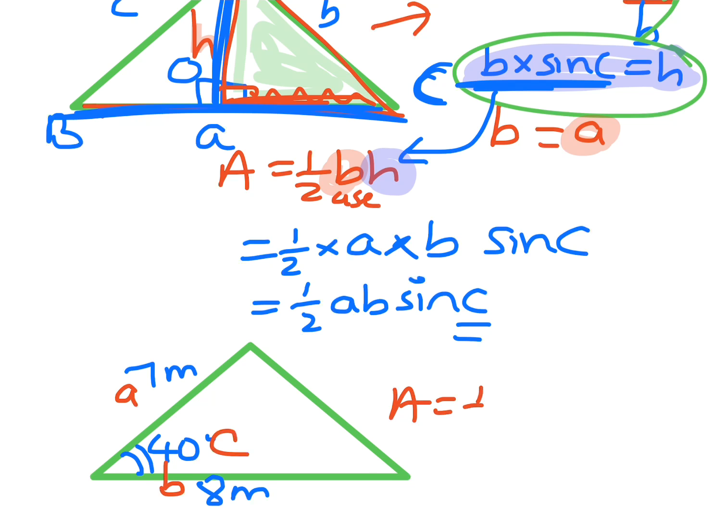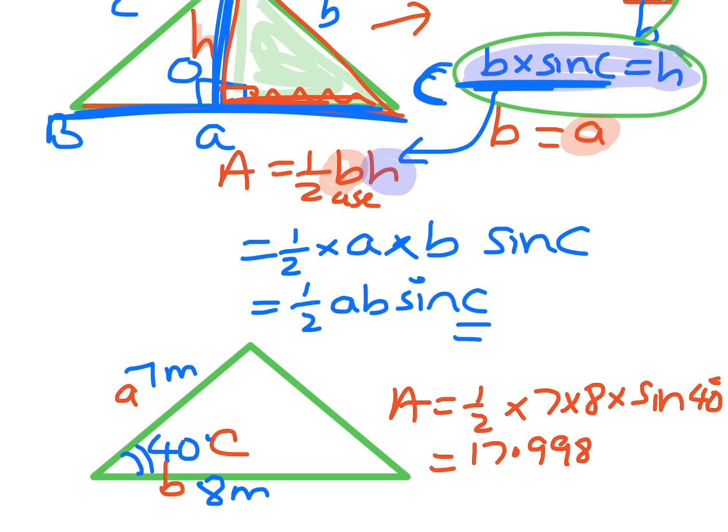So the area is a half times 7 times 8 times sine of the 40.5, times 7 times 8 times sine 40. And you end up with 17.998 meters squared.